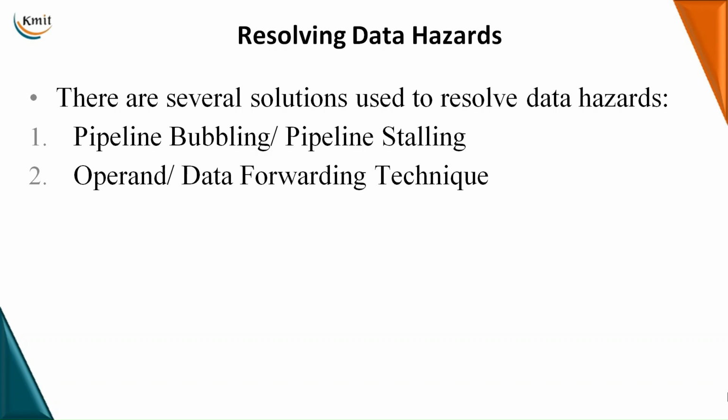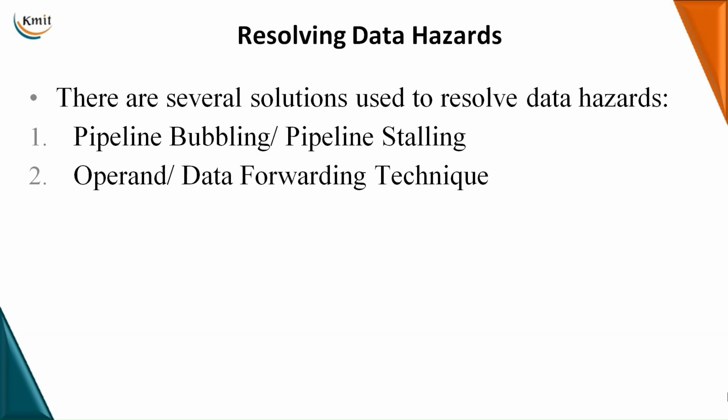Data dependency here means that one instruction depends upon the output of the previous instruction. When those types of dependencies occur between the instructions that are executed simultaneously in a pipeline, we call it a data hazard situation.